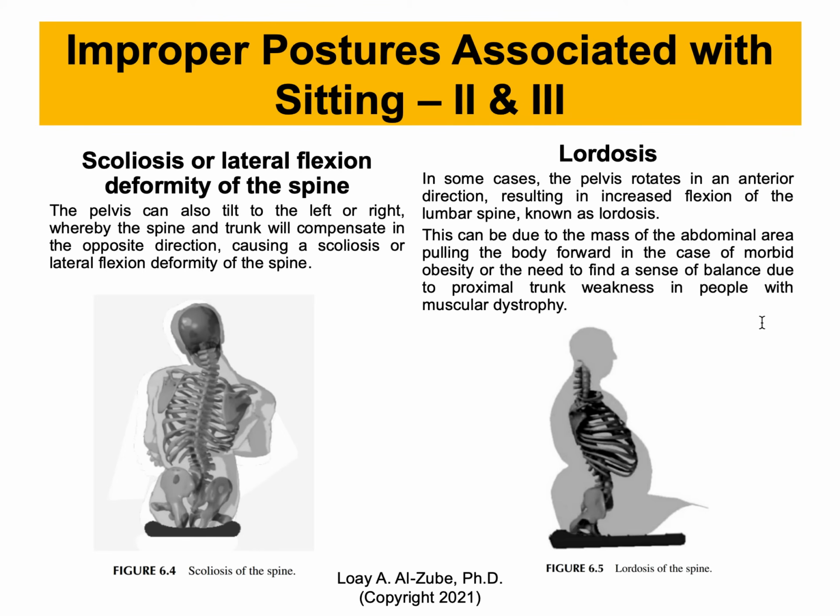What's happening is that you need to balance your posture and the spinal cord, and that's what's happening in lordosis. So these two conditions are improper postures associated with long times of sitting and seating systems for people who are using such systems.